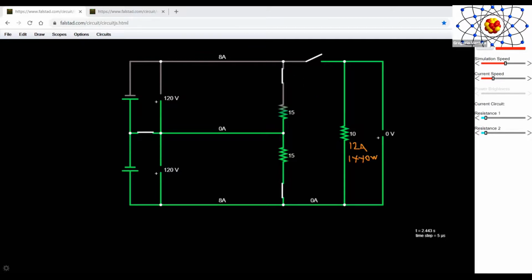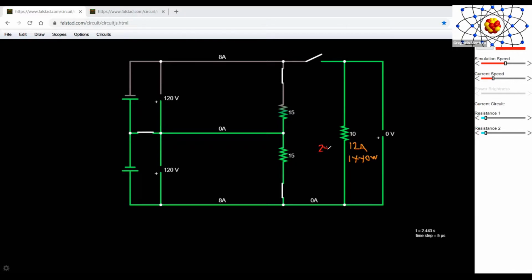Now, if the same resistor is rated for 240 volts, and in this case I'm going to use red on the other side, then you are going to see something very interesting here. Indeed, we have our 240 volts divided by 10, which gives us 24 amps.